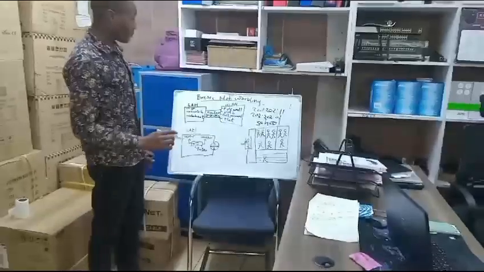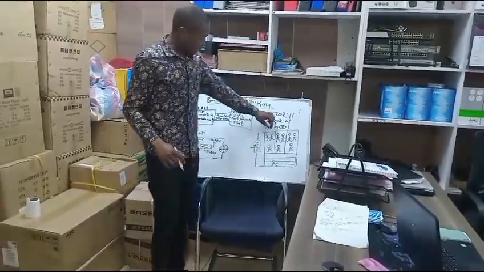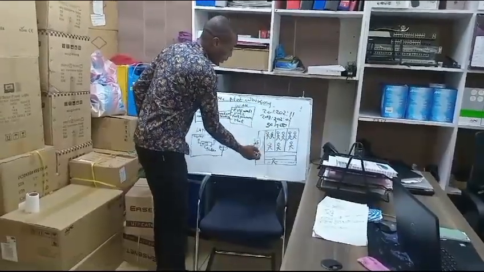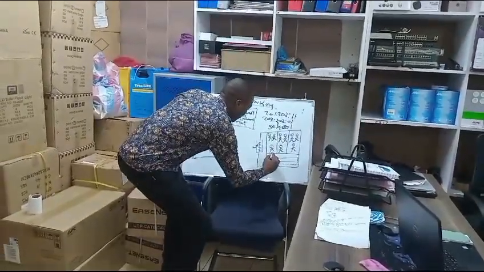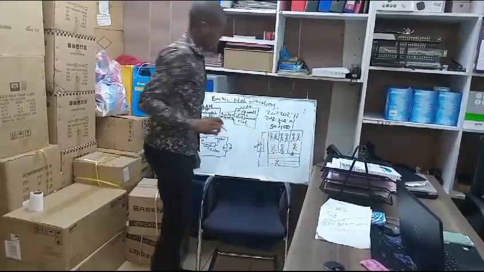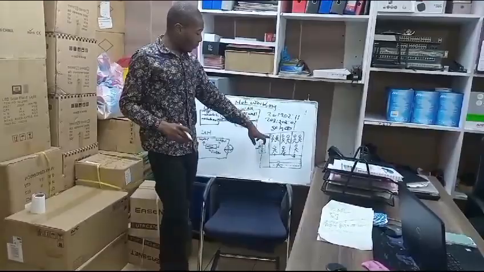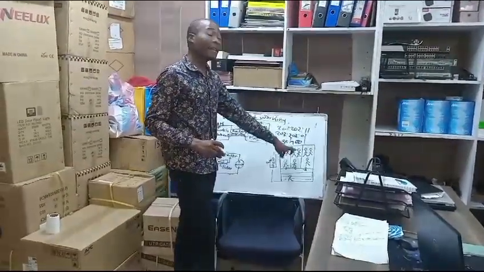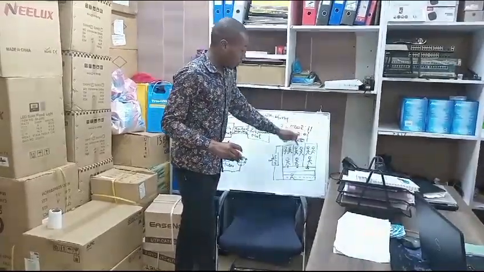Let me show you. Maybe this is a student, and this is a school. This is class 1, class 2, class 3. Now, a pupil from class 1 may want to go and see a pupil in class 2 or class 3.